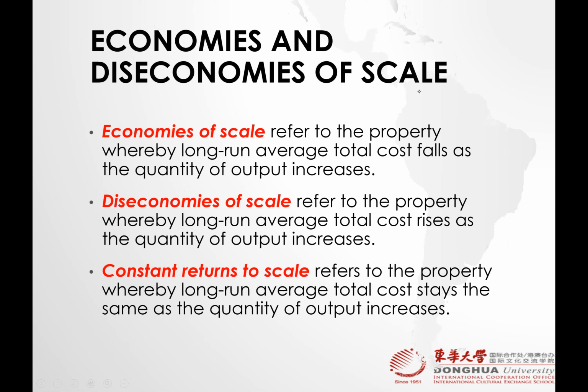And now economies and diseconomies of scale. You have heard those words before. Economies of scale refer to the property whereby long run average total cost falls as quantity of output increases. Let me give you the idea here.